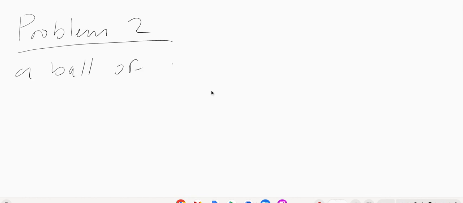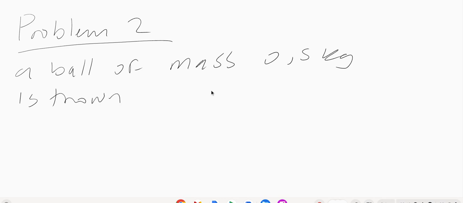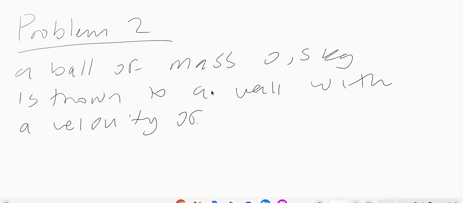So let's do problem number 2. A ball of mass 0.5 kg is thrown to a wall, with a velocity of 3 meters per second.